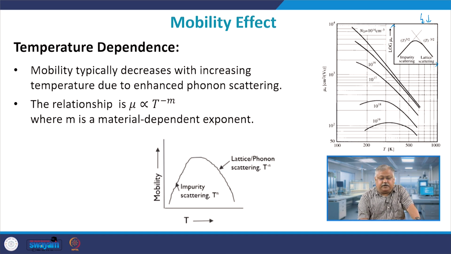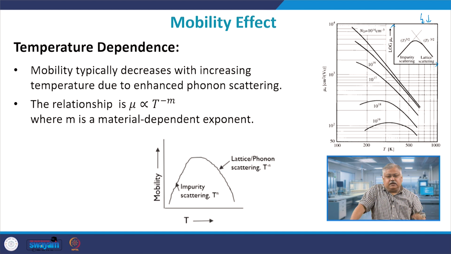When the temperature is very low, it is impurity scattering dominated mobility degradation, and when the temperature rises, it is lattice or phonon scattering limited mobility. Now, why does mobility decrease with increasing temperature? Well, it is very simple and straightforward. If you increase the temperature, you make the scattering center shift back and forth about its mean position, and therefore the probability of scattering becomes larger, and that is the reason the mobility falls down, right.